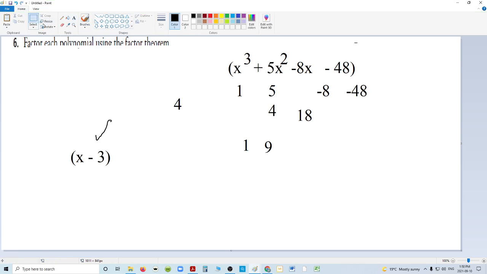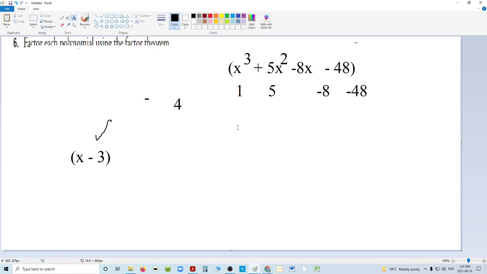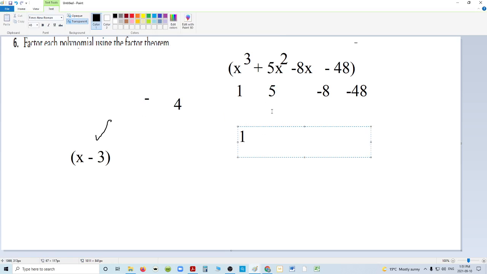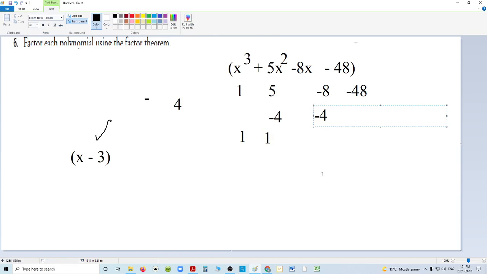So 4 is out, so I'll try minus 4, and again I should keep all those coefficients. So again, it comes down to 1, minus 4, 1, minus 4, minus 12, and 4 times that. Oh, there we go, plus 48.